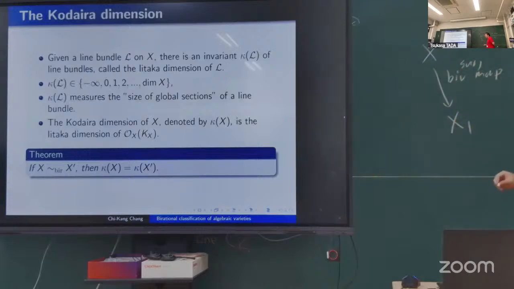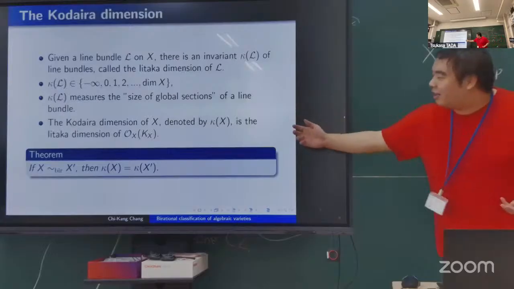One way to explain the Kodaira dimension is that, for the canonical bundle, we can take its self-tensor powers, and what measures the global sections of the line bundle is this: in general, the dimension of the global sections of the n-th self-tensor power of the canonical bundle is proportional to some power of n, and the growth is a polynomial of some degree.